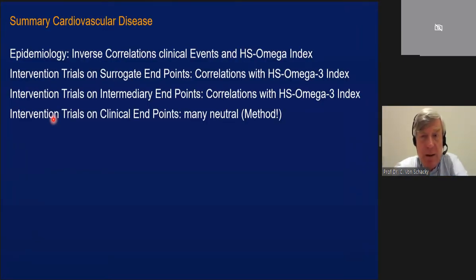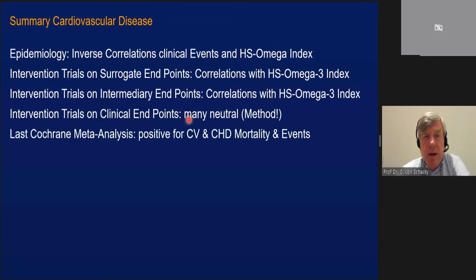So let me sum this up. In epidemiology, we have inverse correlations between clinical events and the omega-3 index. And we have correlations on surrogate endpoints, also with the omega-3 index, on intermediate endpoints. Of the intervention trials with clinical endpoints, many were neutral, and I think that's a methodologic problem.